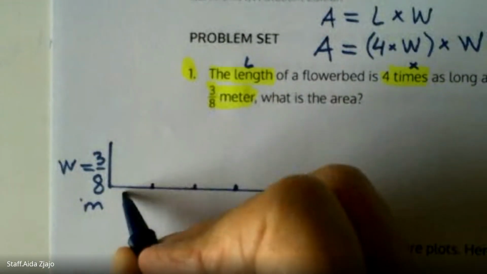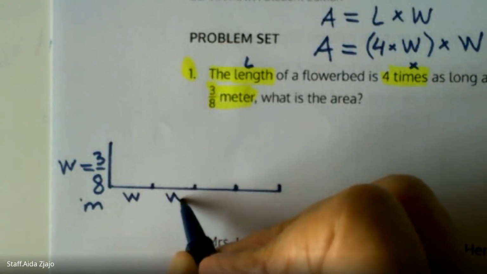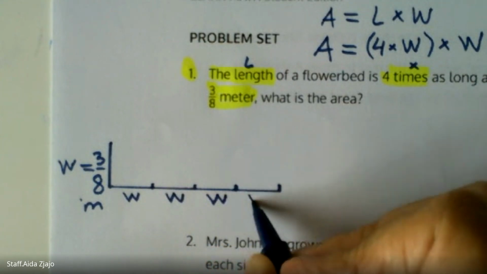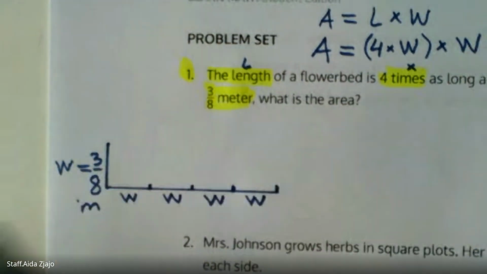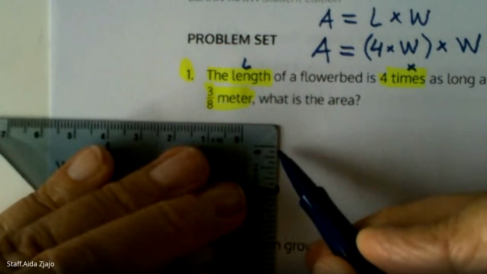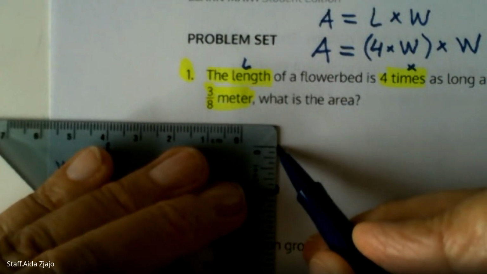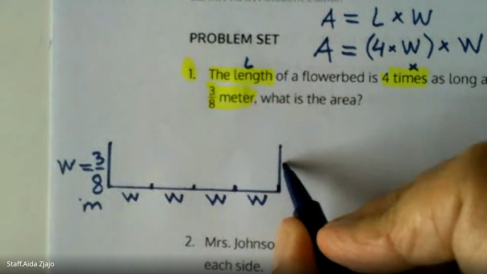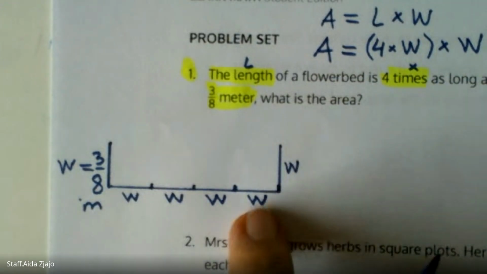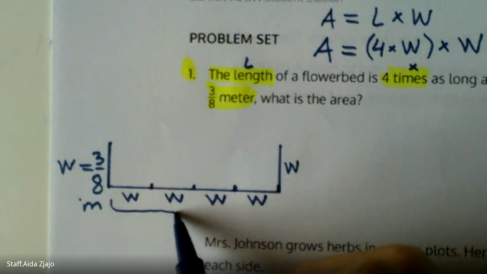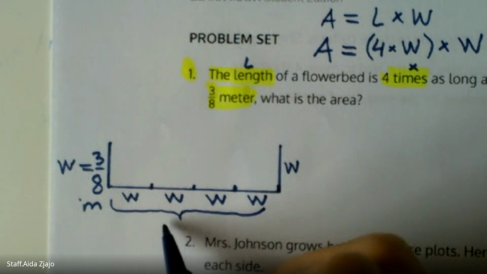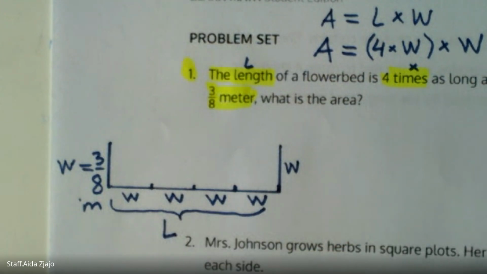So this is width, width, width, and width. This is width, and this is 4 times width. So this here is the value of L.